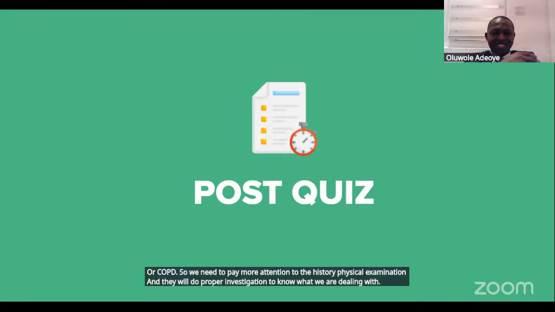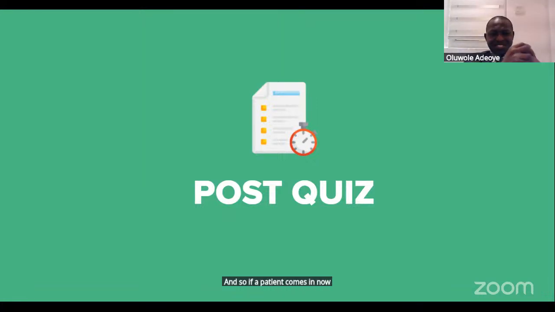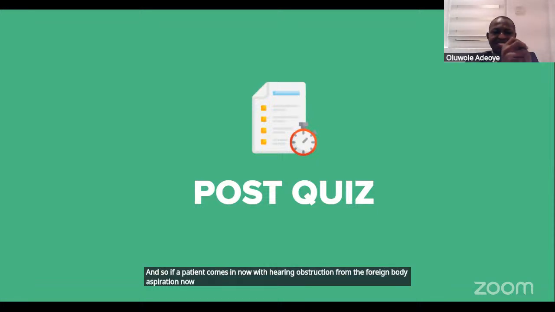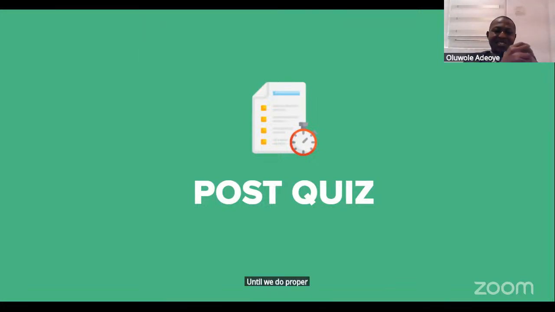And so if a patient comes in now with airway obstruction from a foreign body aspiration, and we are nebulizing the patient and giving supplemental oxygen, we've not really helped that patient until we do proper investigation, identify the location, and call in the specialist that can help us remove it.